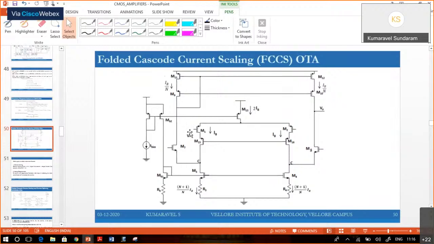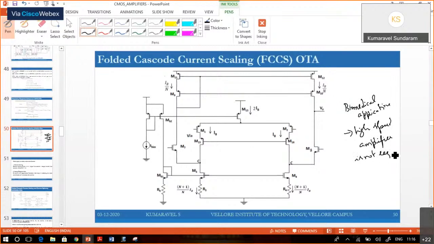So as I mentioned, for biomedical application, we need not design a high-speed amplifier, because at the output node for biomedical application, a high-speed amplifier is not required.